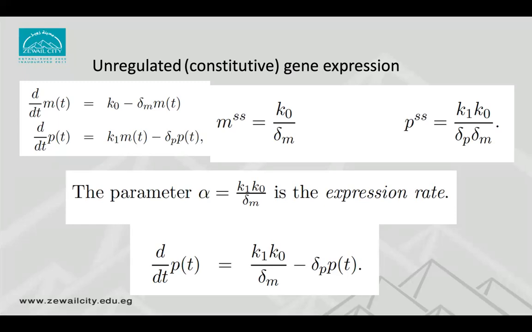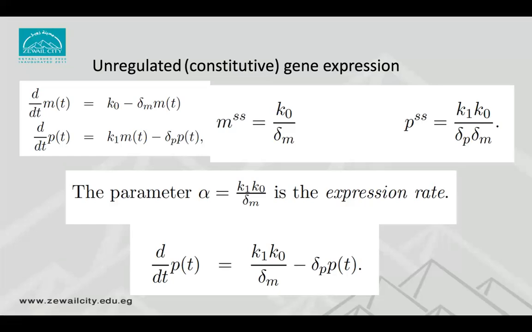So in this case, it's very easy to get the steady state. The steady state is when the derivative is 0. So the steady state concentration of the mRNA, for example, will be K0 over delta M, which makes sense because K0 is rate of production. So if rate of production is large, you wind up with a large amount of RNA. And if the rate of degradation is large, then you will have less.